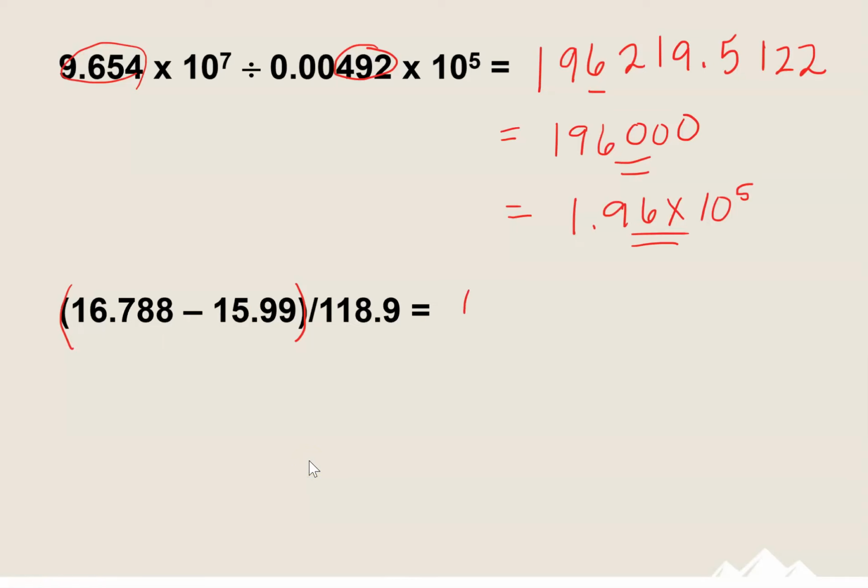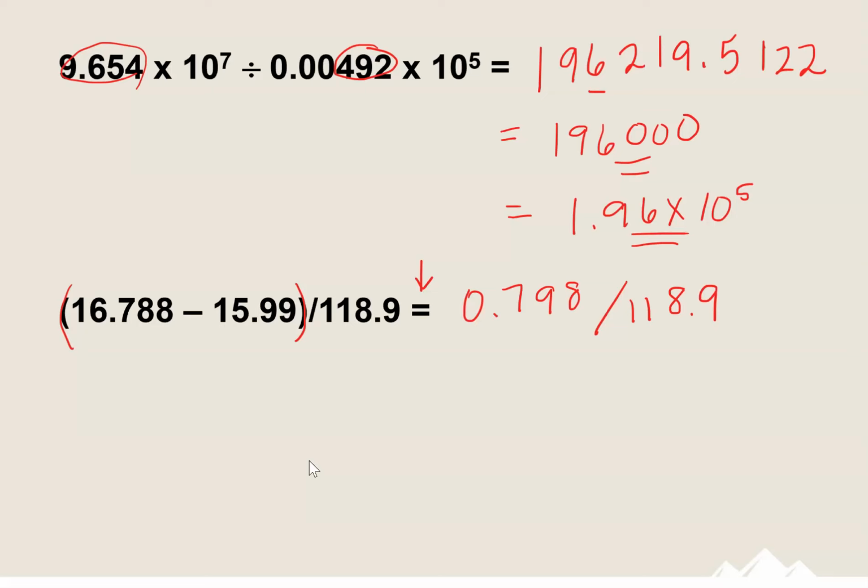So we're back, and I did the brackets first. So in the numerator, I got 0.798, and we're still dividing by 118.9. I've got to put that number there to keep the equation true. That equal sign is loaded with meaning, and what that means is the 2 sides of the equation are exactly the same. So I've got to show that 118.9 as well.